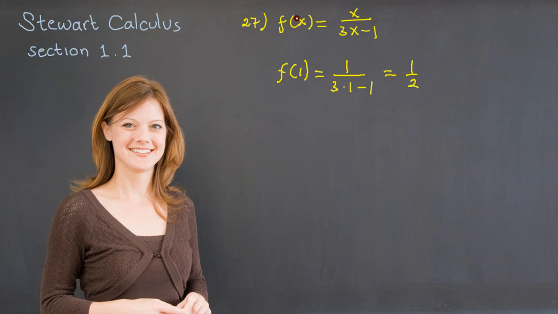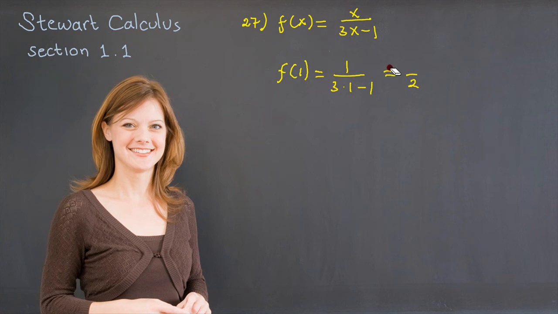So whenever we give an input 1, we get 1/2. It means that 1 belongs to the domain of f. Why? Because whenever we give an input 1 to this function, we get an output 1/2. So the domain of a function is the set of all inputs such that the output makes sense.